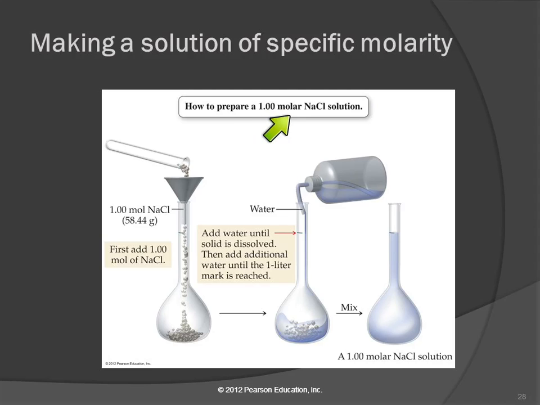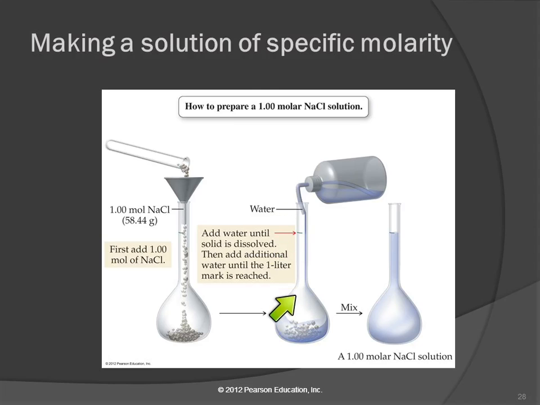That's how we would read the capital M. So this would be 1 mole per liter. So we're going to have 1 mole of sodium chloride, which is 58.44 grams. We're going to put that in here. And then we're going to add water. We're going to add water until it gets up about here, and we're going to mix it and make sure that everything dissolves. Then we're going to finish adding water until it gets to the mark.